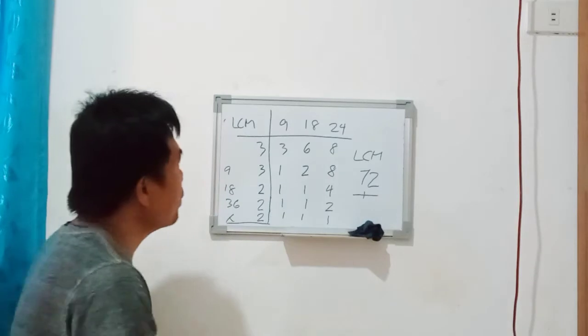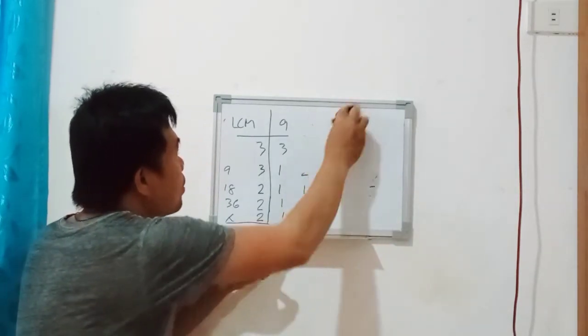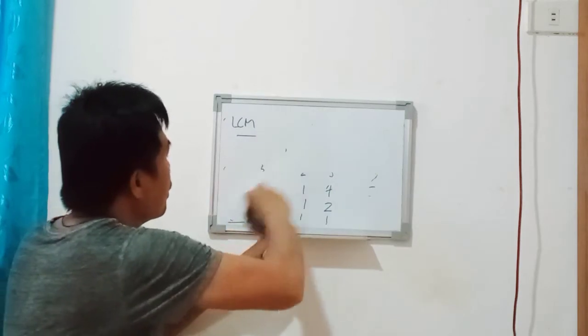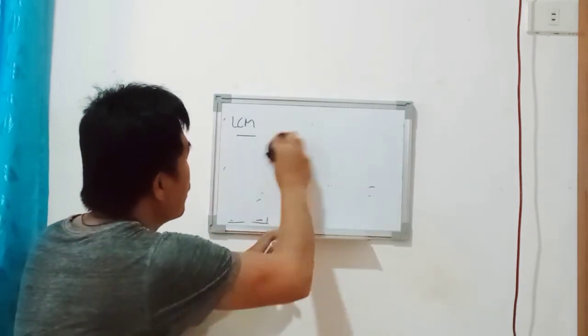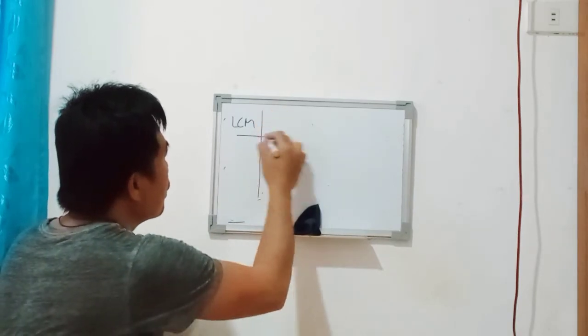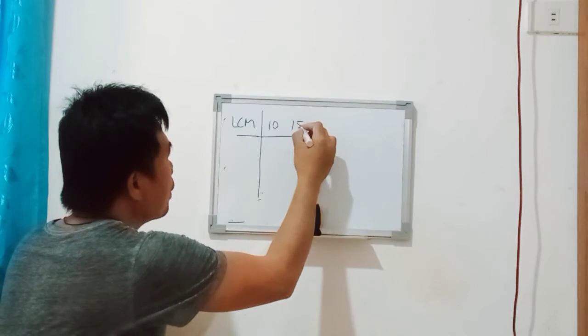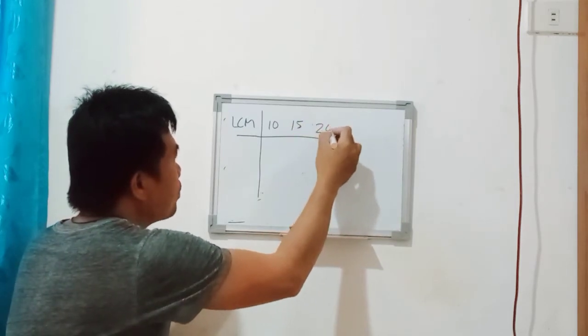So another example using this method is, how about these numbers? 10, 15, and 20.